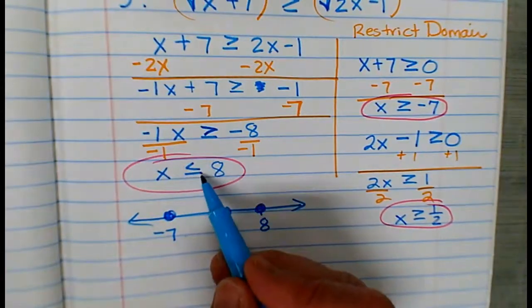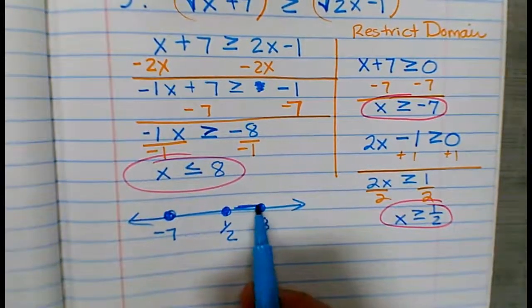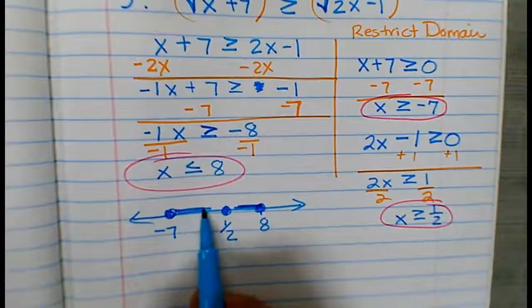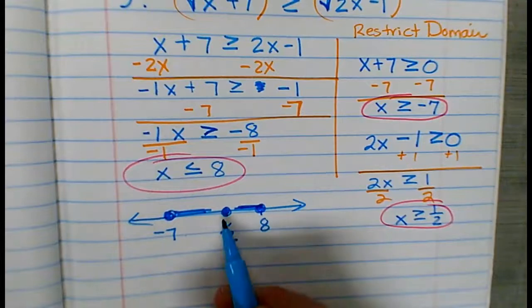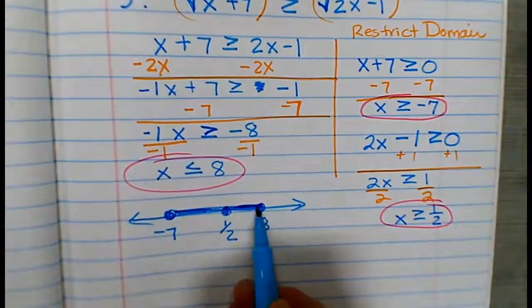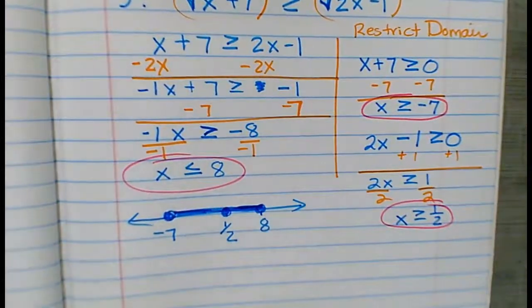X is less than the 8. X is greater than the 7. And x is greater than the 1/2. And so do you see when I do that it covers up the 1/2?